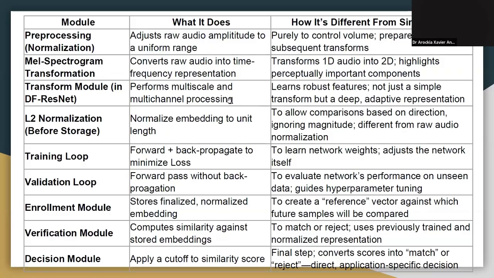The transform module performs multi-scale and multi-channel processing and learns robust features, not just a simple transform, but a deep adaptive representation. And the L2 normalization is basically to normalize the embedding to unit length, to allow comparisons based on direction, ignoring magnitude, different from raw audio normalization.